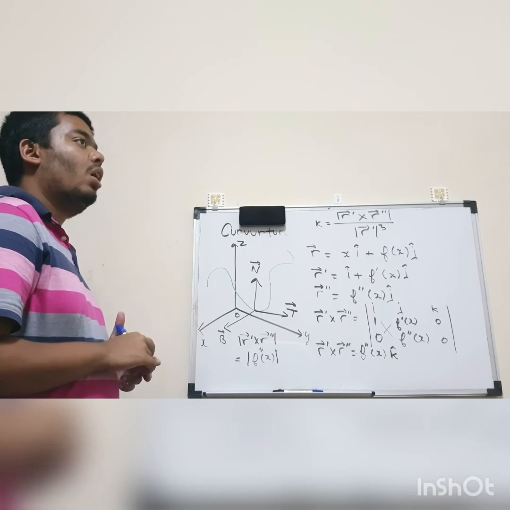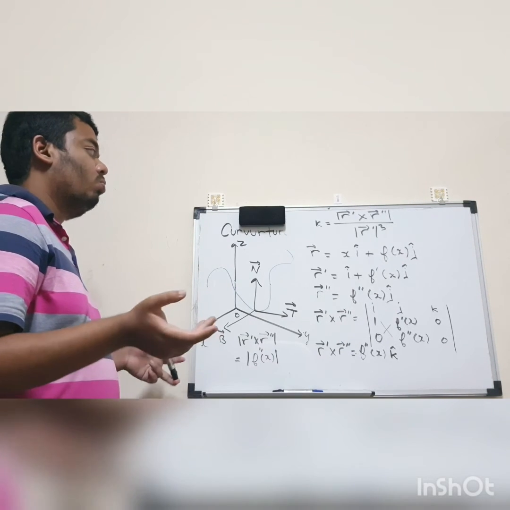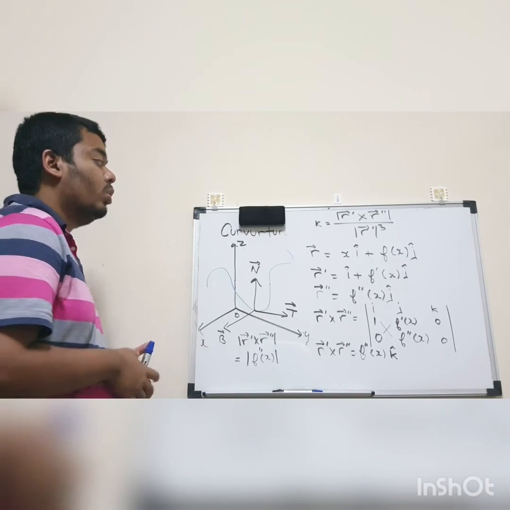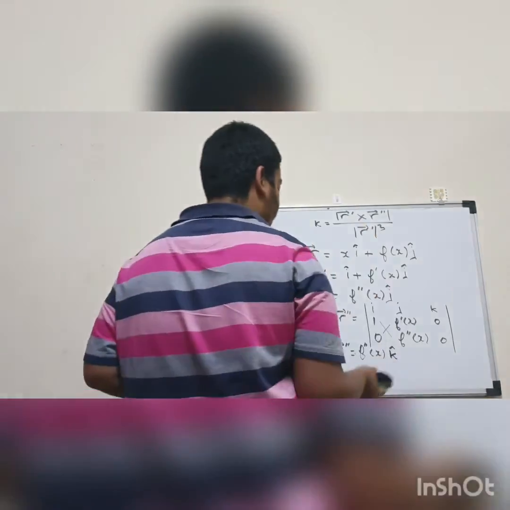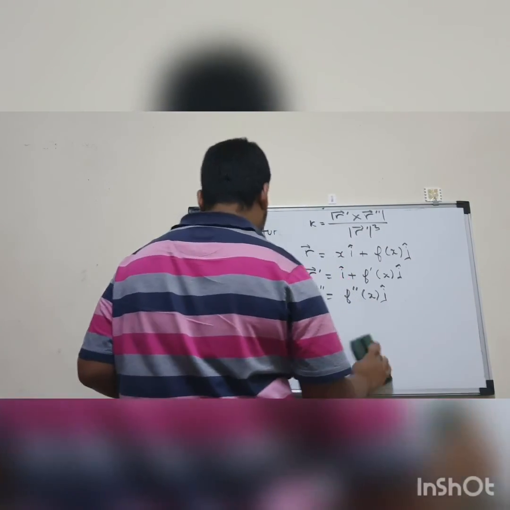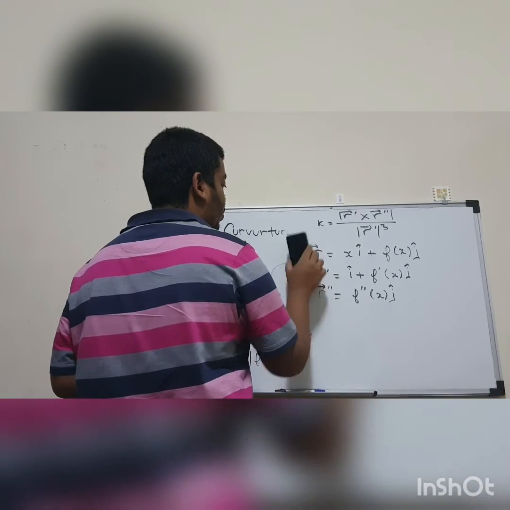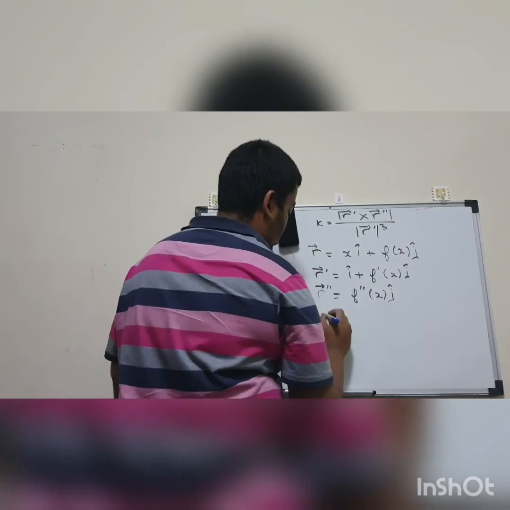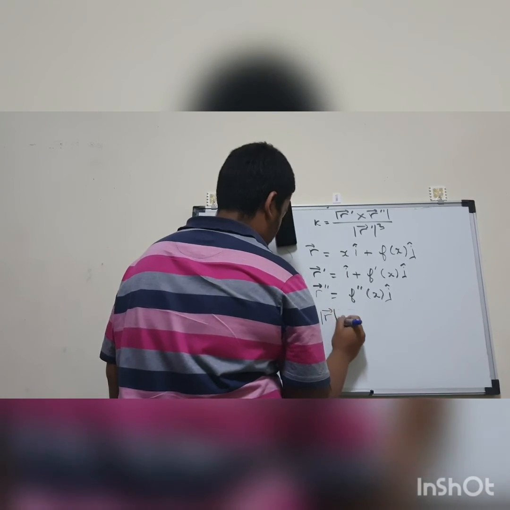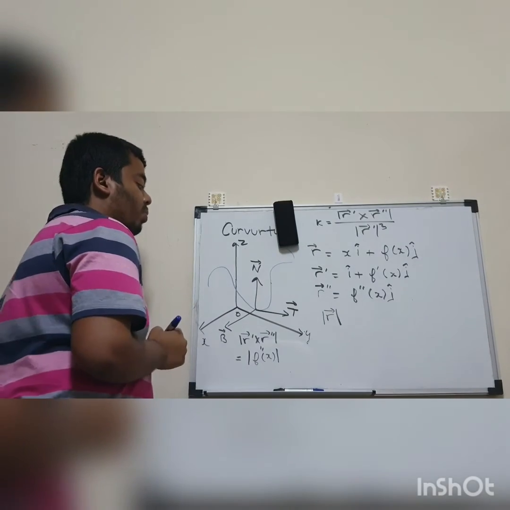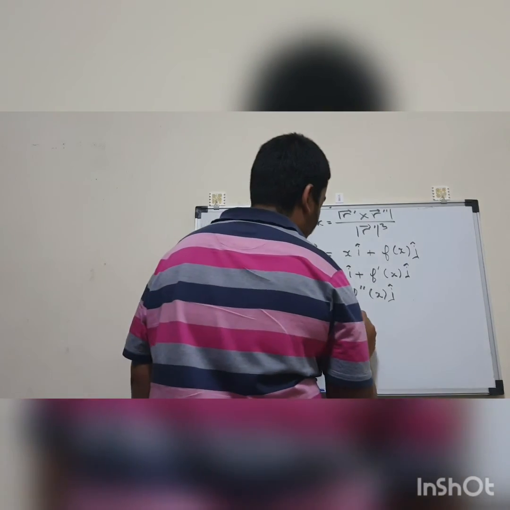You'll end up with this magnitude right here, okay? Now, let's say we want to go ahead and find the magnitude of r prime. Let's see what's the magnitude of r prime.